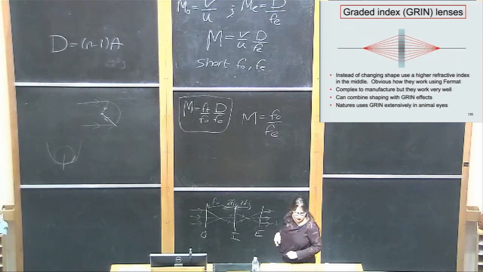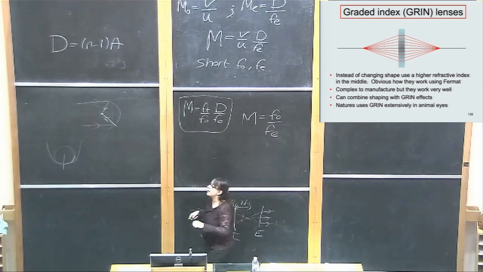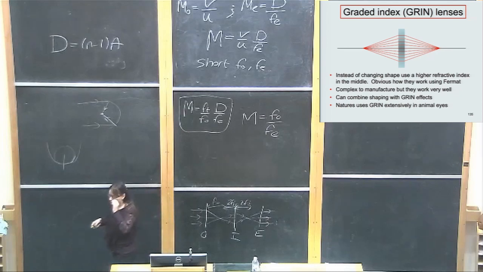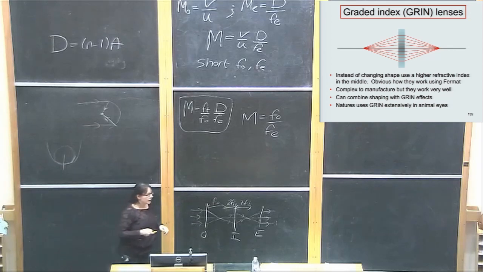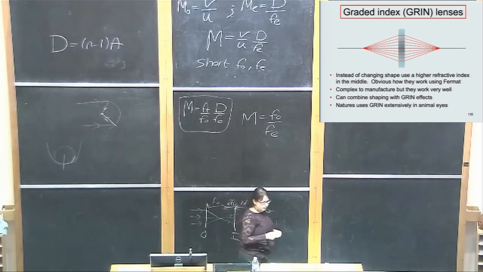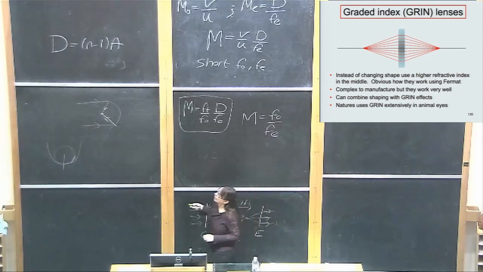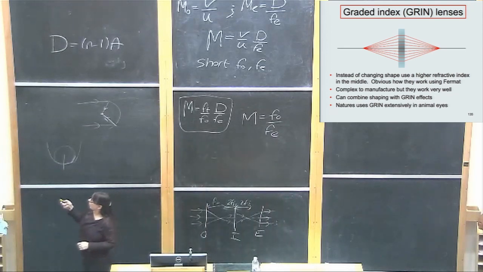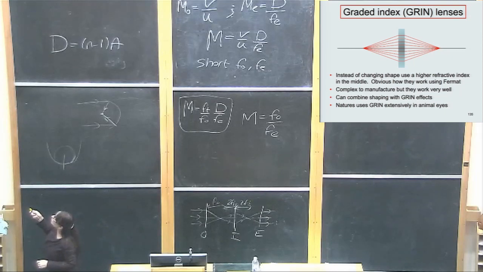Something else which is very nice and quite interesting is that if you wanted to, you can forget the lens shape altogether. Have something flat, but where the refractive index varies instead. So graded index or GRIN lens. So from Fermat, you can see how this must work. So we've got a higher refractive index in the middle here, smaller at the edge.